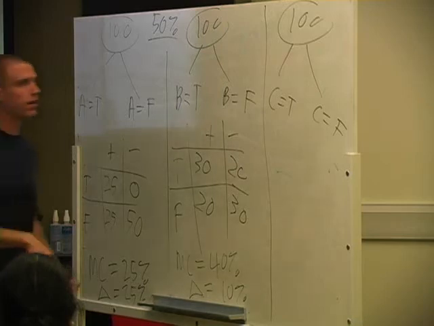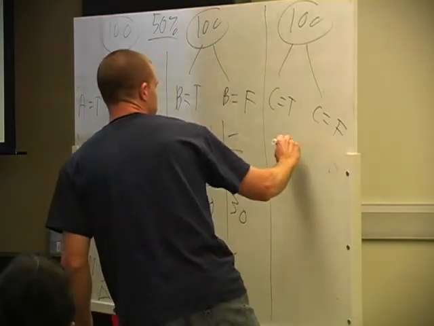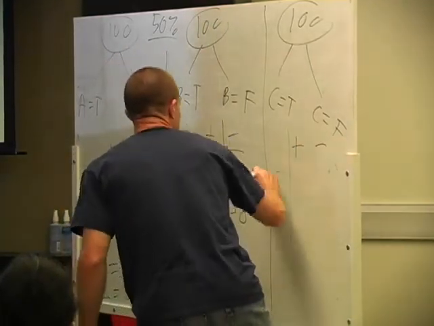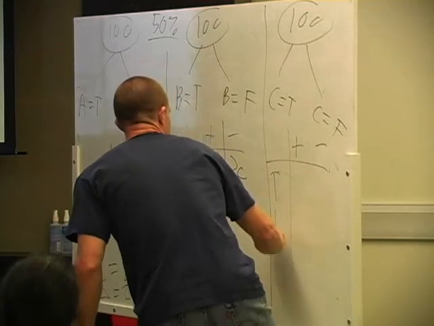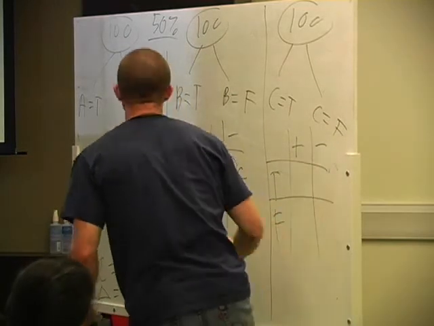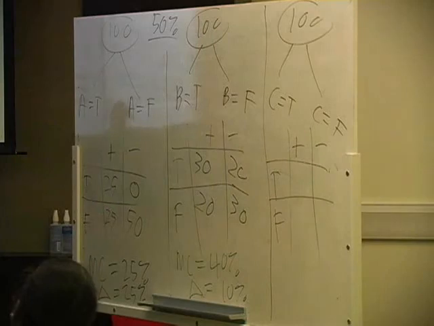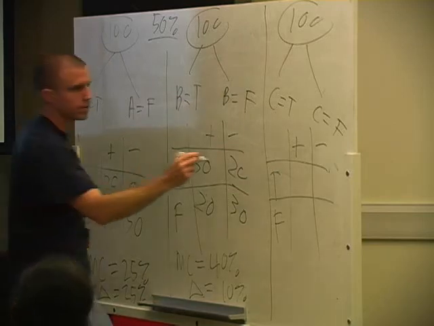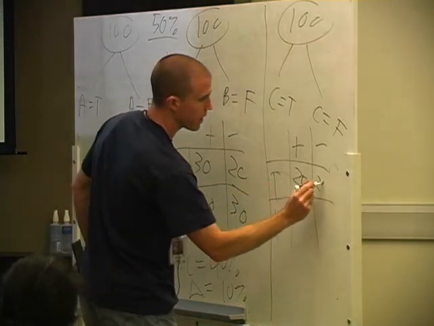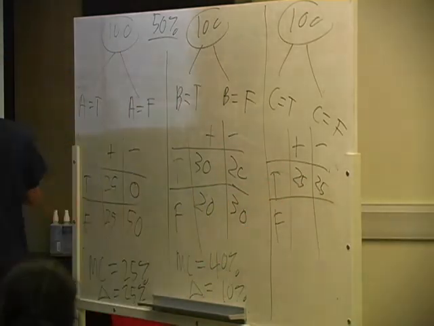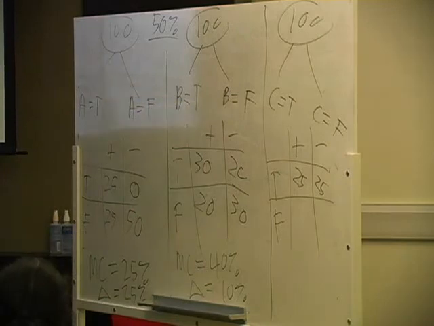Okay, and then finally that leaves C. So C plus minus, either true or false. And with C, this is easy because they're in order. I get 25 positive and 25 negative when it's true, so that's 25 and 25. And then when it's false, I get 25 positive and 25 negative.